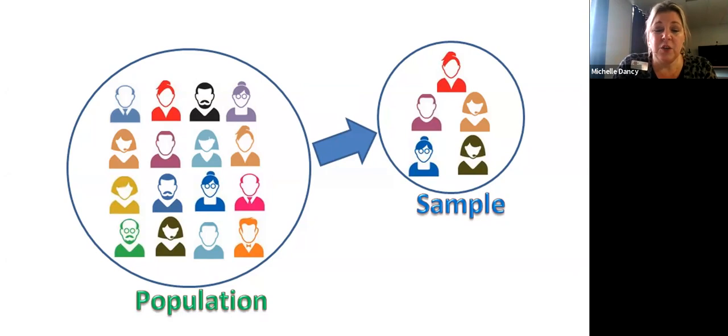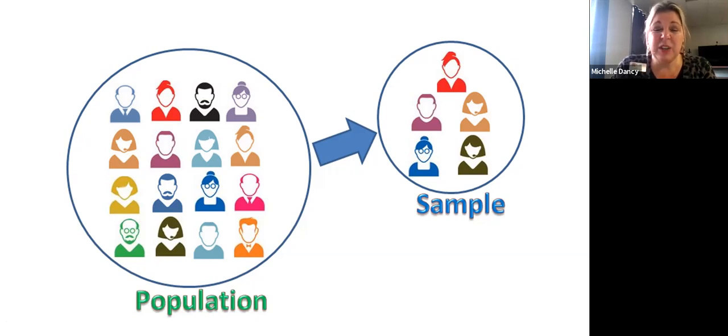Another thing we do, we have to pick the correct sample. We can't pick the 5 dentists that we personally know. Maybe those 5 don't represent. Or if this is all the dentists in the United States, I can't pick just dentists from the South. That wouldn't be a fair representation. So our sample has to be unbiased.